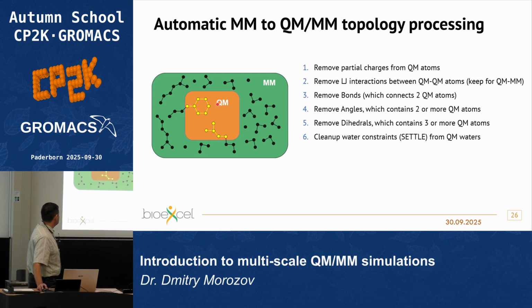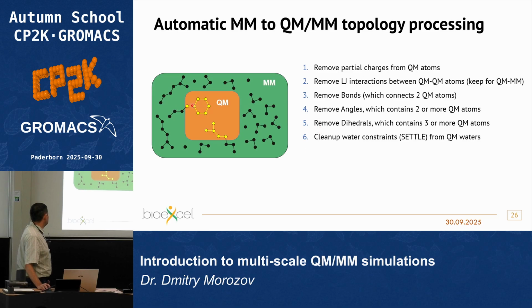Then you remove angles which contain 2 or more QM atoms, meaning that, for example, this angle is removed, and these angles are all removed. But for example, this angle, 2 black atoms and 1 yellow atom, will be kept. Then you need to remove dihedrals containing 3 or more QM atoms.